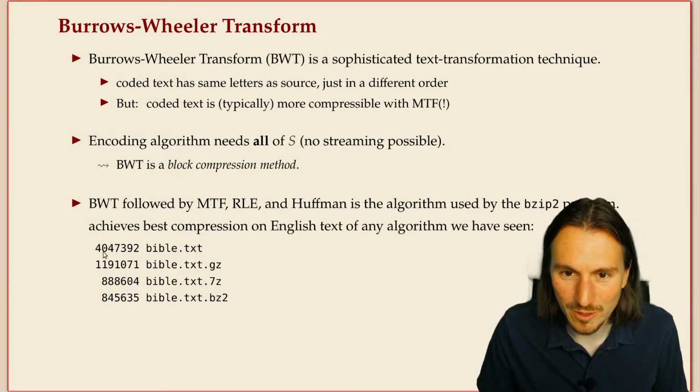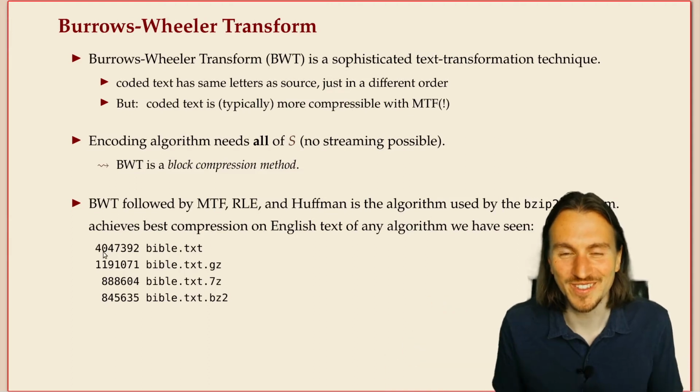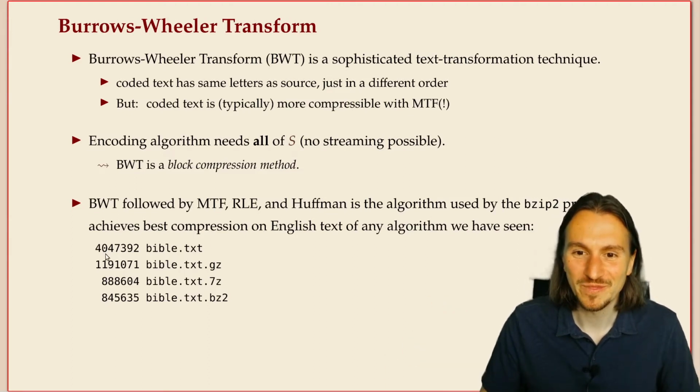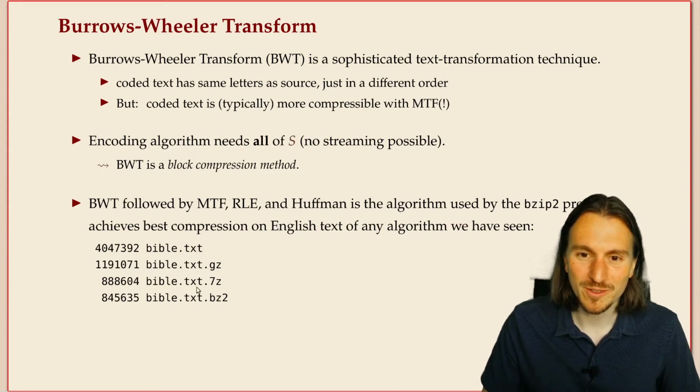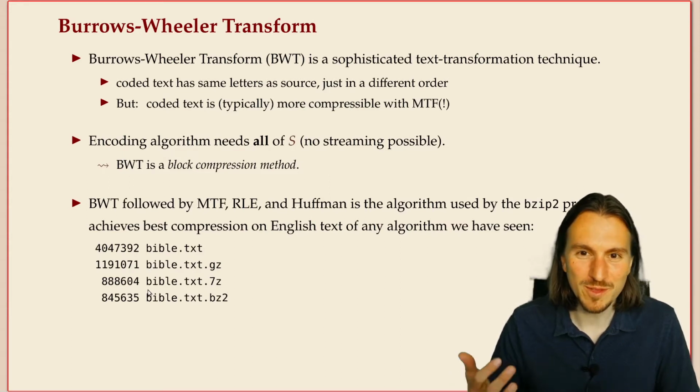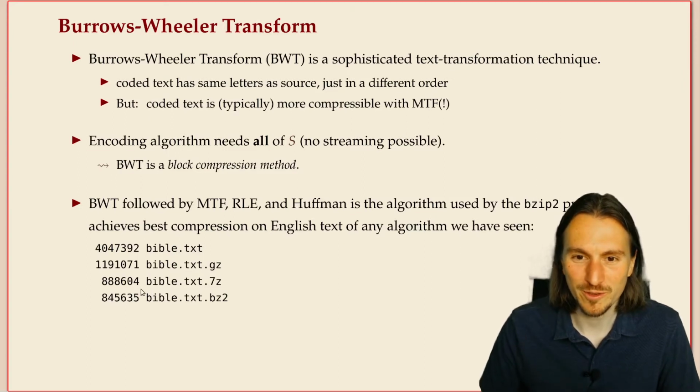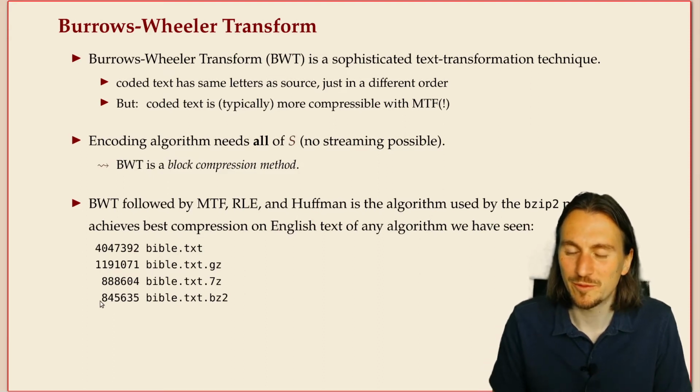So that's some 4 megabytes. That's all there is to it if you store it in plain text. If you use gzip, the GNU zip, you get it down by a factor of 4, which is not bad. 7-zip, which is often deemed the most effective general compression method, is much better than GNU zip, gets it down to that. But bzip actually beats 7-zip for text.